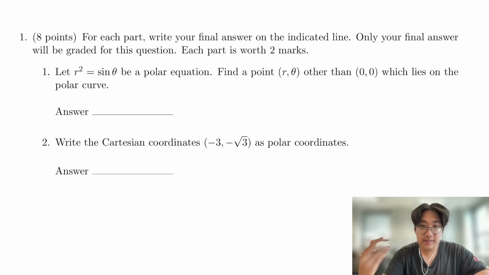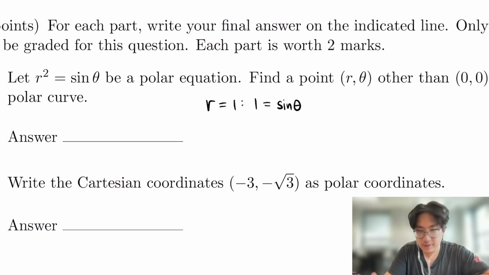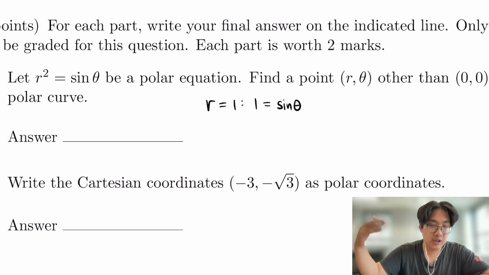If you pick r equal to 1, then 1 squared is obviously just 1. So you get 1 is equal to sine theta, or sine theta is equal to 1, same thing. Now you're looking for values of theta where sine of theta is equal to 1. So obviously you have pi over 2, and any 2 pi addition of that.